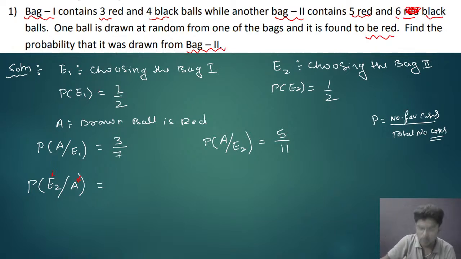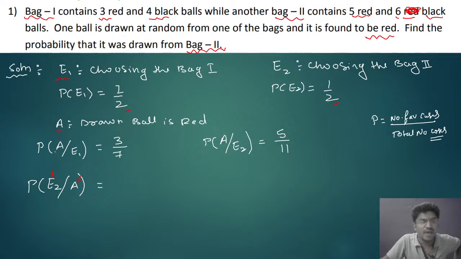So first, to calculate the probability of the red ball from bag 2, you choose the bag. For example, the probability of bag 1 is 1 by 2, and the probability of bag 2 is another 1 by 2. A is the event that the drawn ball is red. This has already occurred.